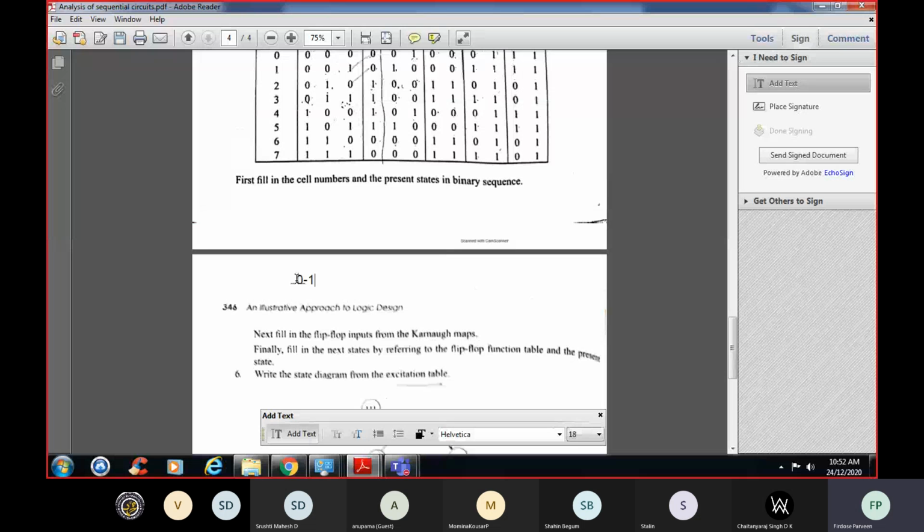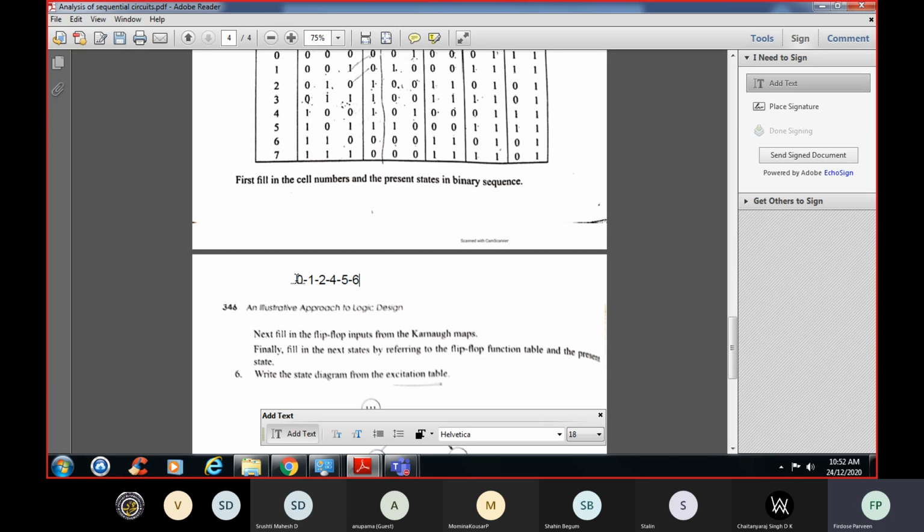Zero, 1. After 1, again it is 2. After 2, it is going to 4. From 3 also again it is 4. When it is 4, it is 5. When it is 5, it is 6.